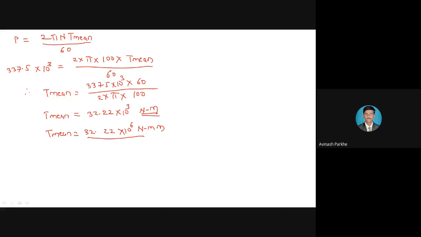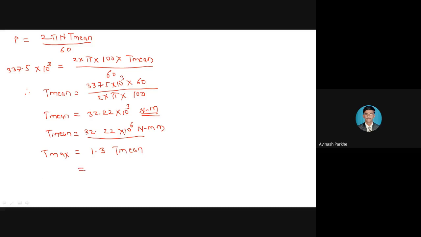But it is not possible to take this T mean as it is for the further calculation, because T max is not equal to T mean. We have the relation T max is equal to 1.3 into T mean.